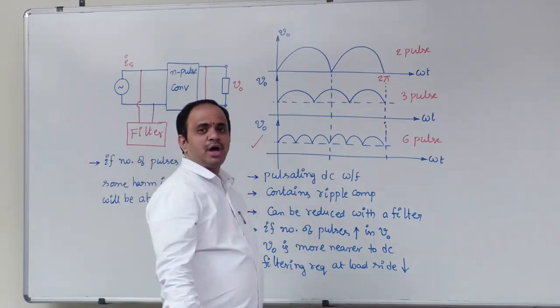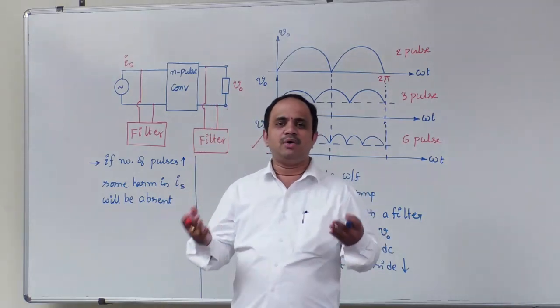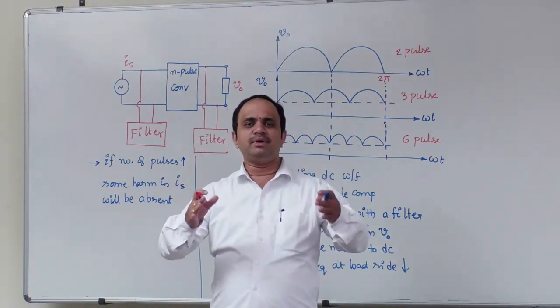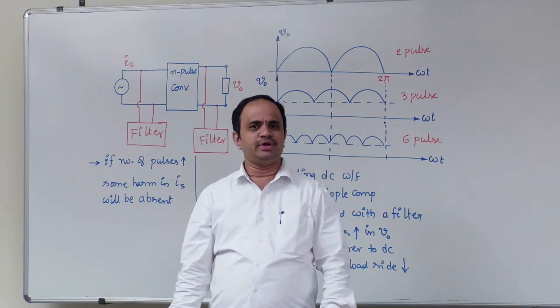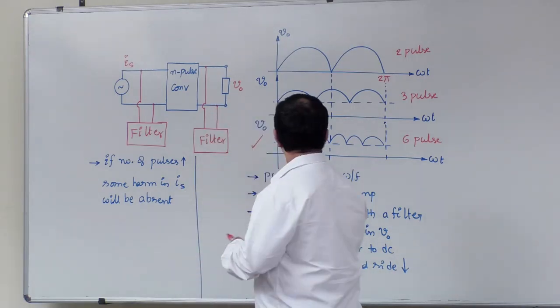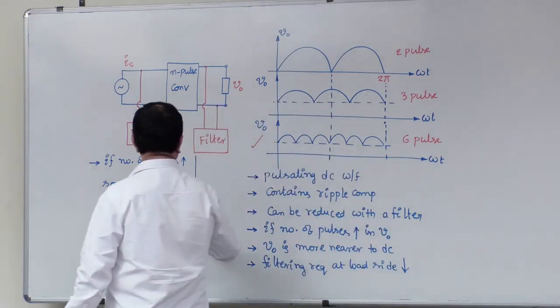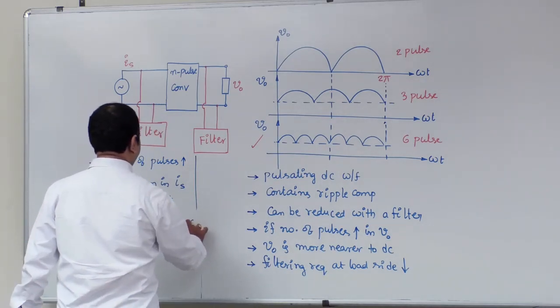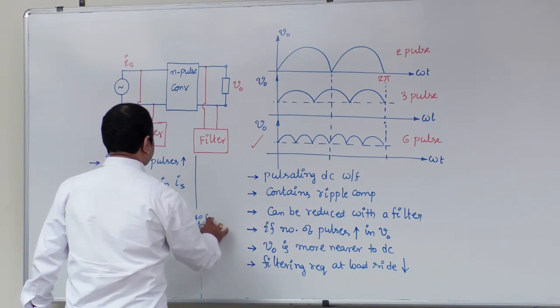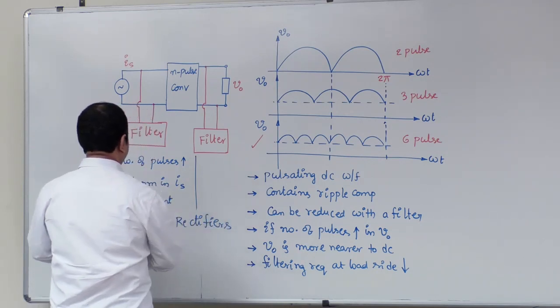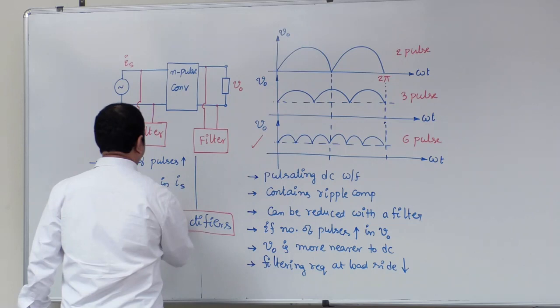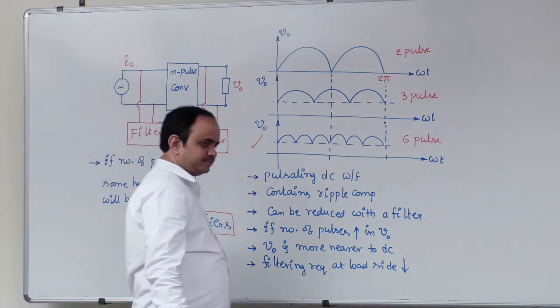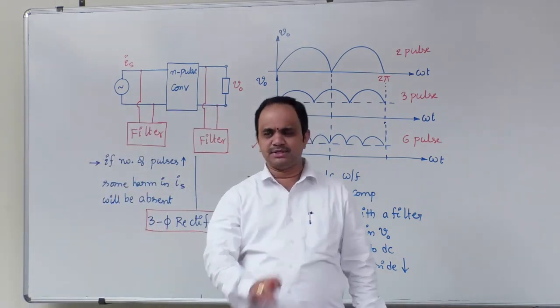Okay, so the next question is, how can you get more number of pulses in the output voltage? For that the solution is three-phase, okay, by using three-phase rectifier circuits. With three-phase rectifier circuits, we can operate the converter with more number of pulses.